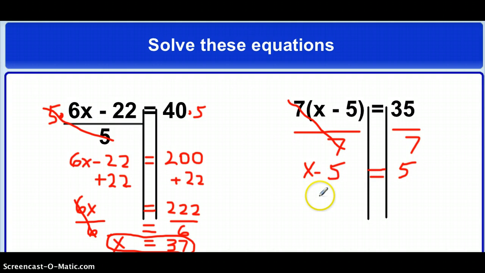So since we're subtracting 5 now, to undo that, we're going to add 5. And if we add 5 to the left, we're going to have to add 5 to the right as well. So I'm going to have plus 5 here. And I was getting ahead of myself a little bit with that equal sign.